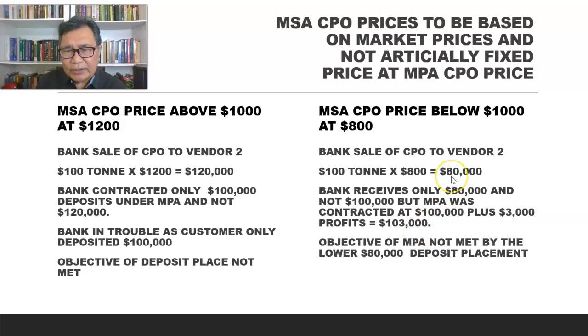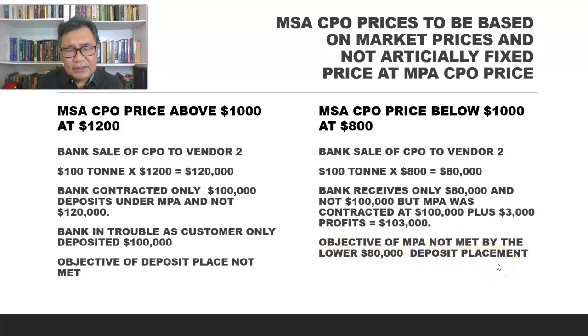So at 80,000, the total redemption amount of 103,000 will not be met, and this again is another downside that the bank will have to remedy, to find a way out of this problem where the amount of deposit placement is insufficient to cover what was conducted under the MPA. So the objective of the MPA is not met by the lower 80,000 deposit placement.